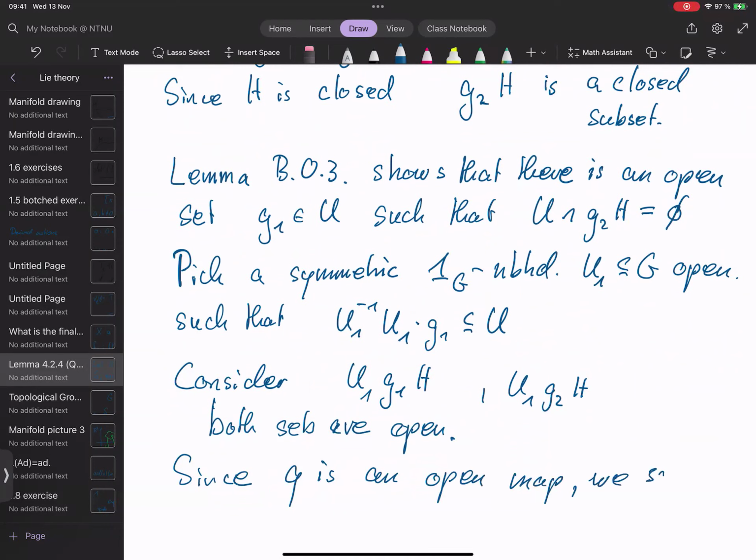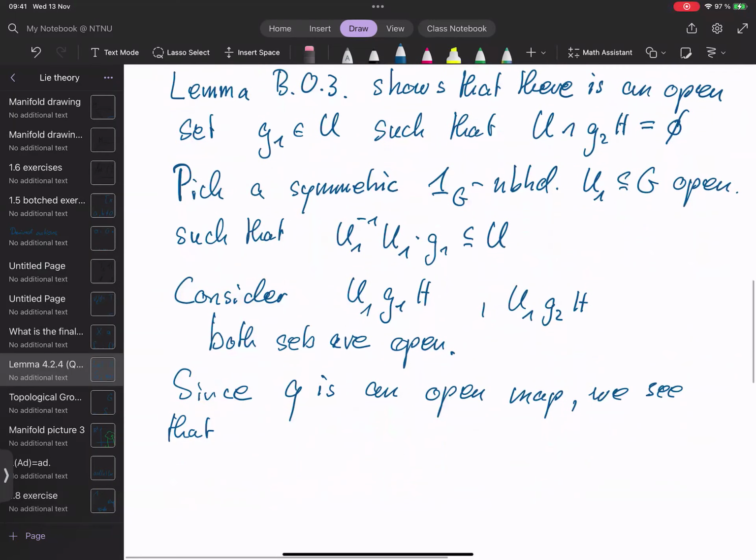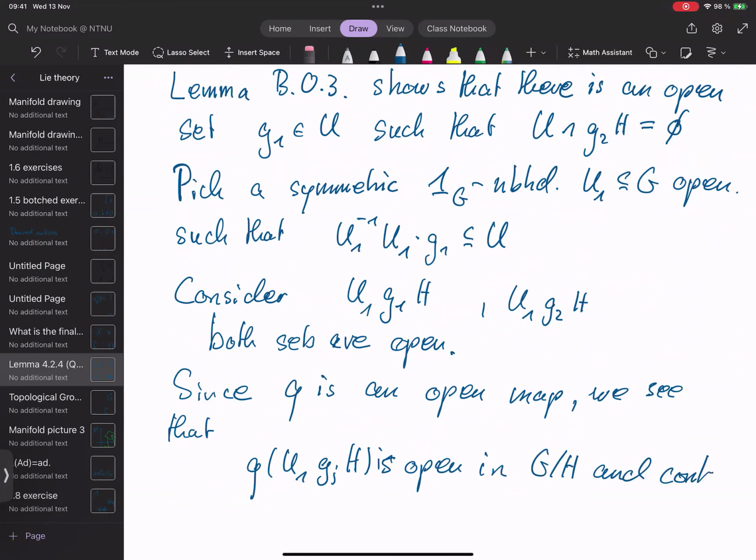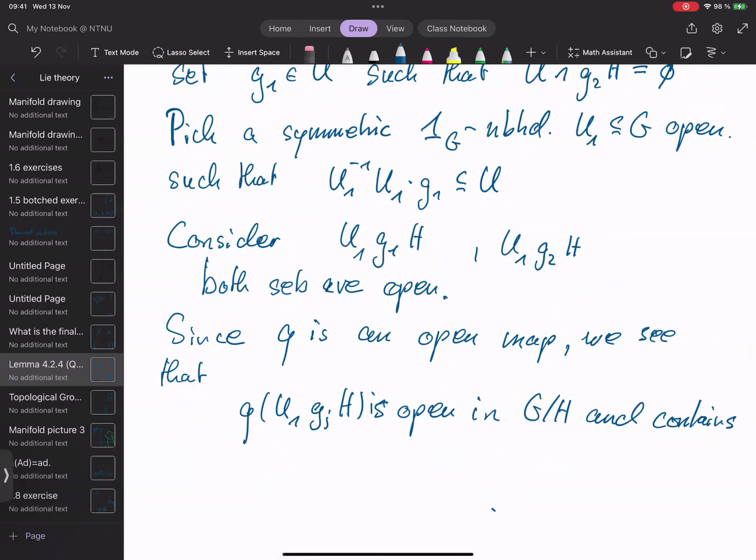We see that Q of U1, let's do this directly in general for Gj times H, is open in the coset space and contains the element Gj times H, so the coset with the Gj.